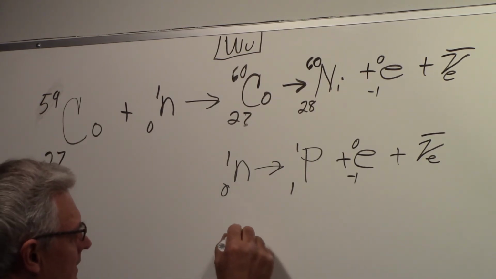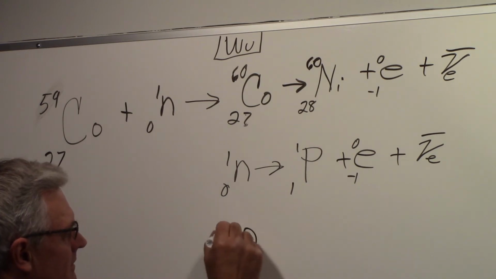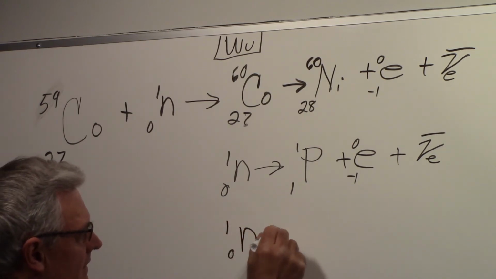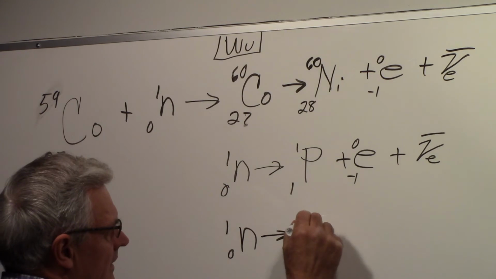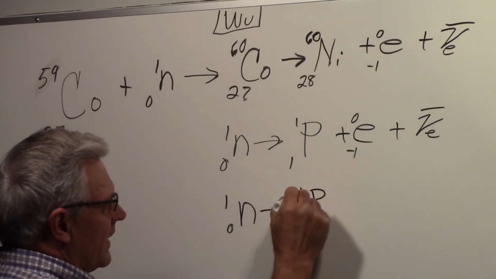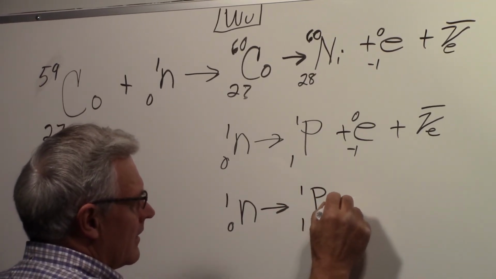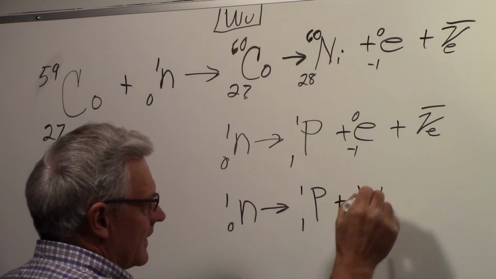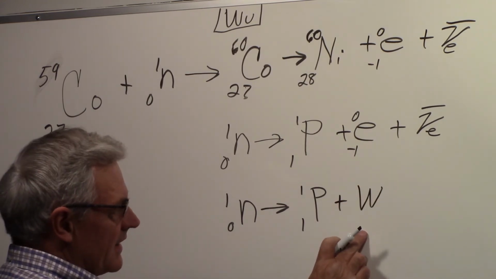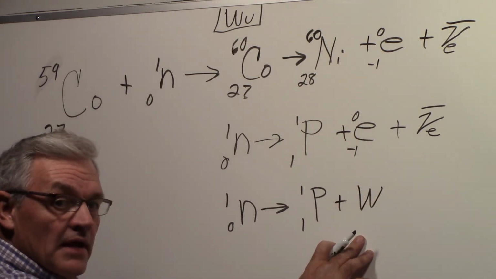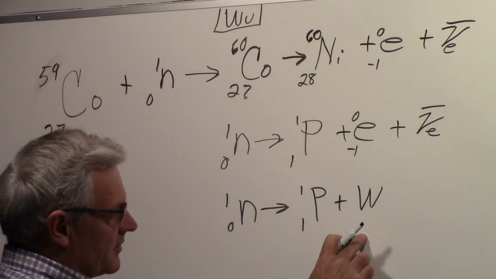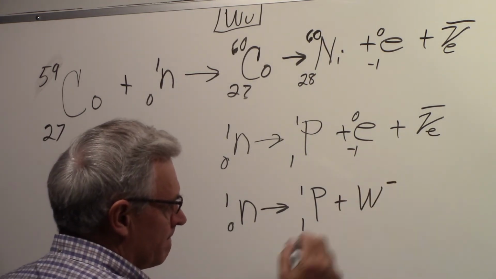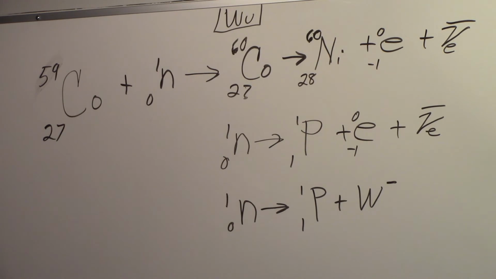This can be written so that you can see the weak interaction by showing that there is an intermediate state involving a negatively charged vector boson that we indicate like so.